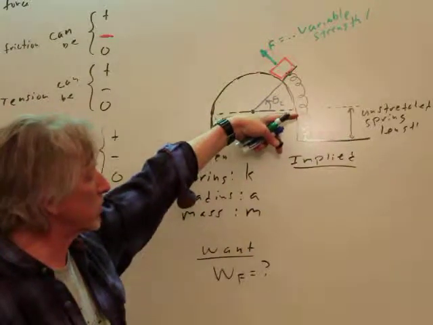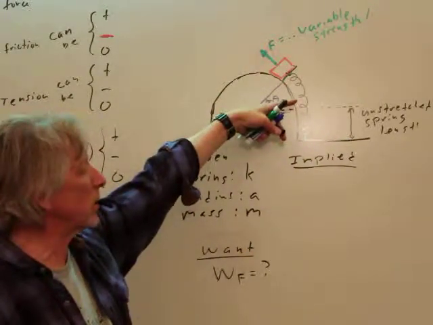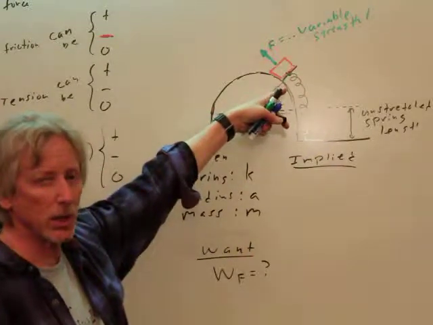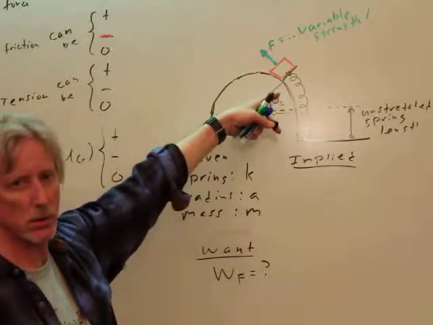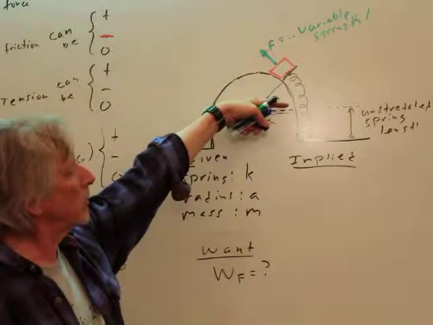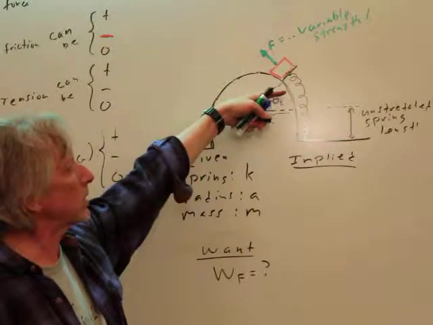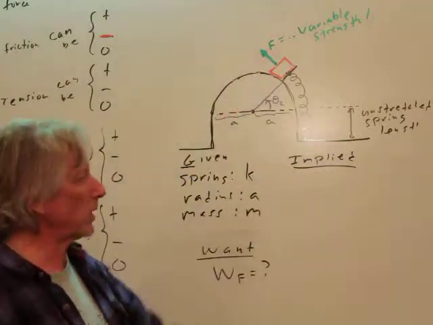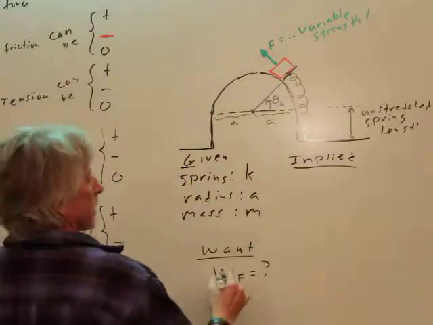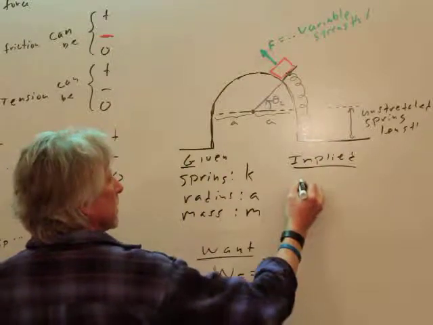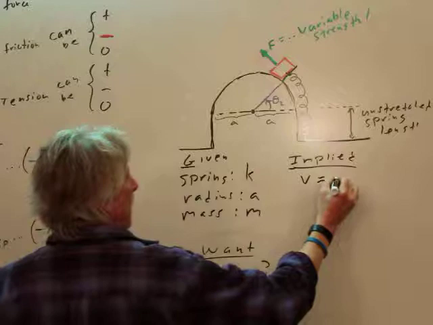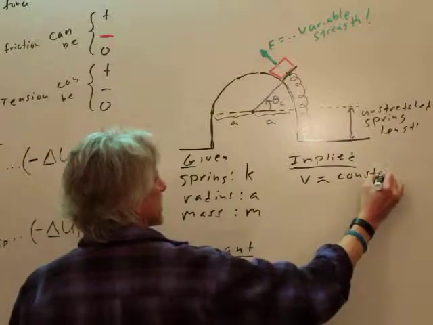Now granted, if it starts at rest, we've got to get it going, but if we do it slowly, we're not changing the velocity very much. And that's a concept that comes up a lot in thermodynamics. We're doing it very gradually, nearly zero velocity. So what's implied here is that V is equal to a constant.